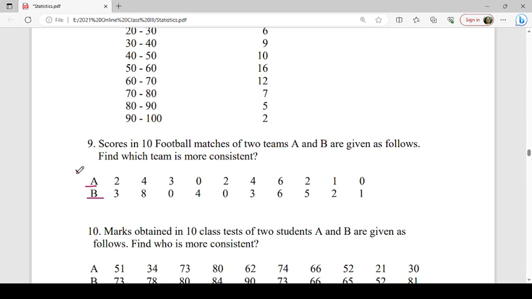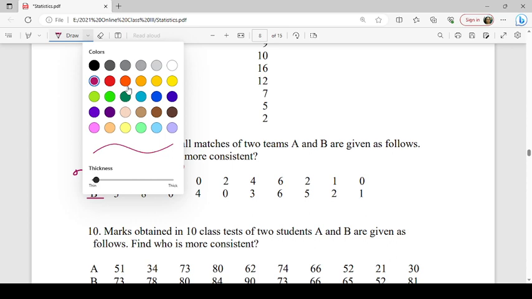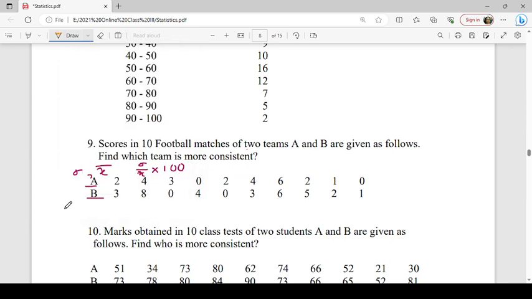You find sigma for this data, mean for this data, then you will have sigma by x bar into 100. Again, for B, you will have another sigma, another x bar, and another sigma by x bar into 100.